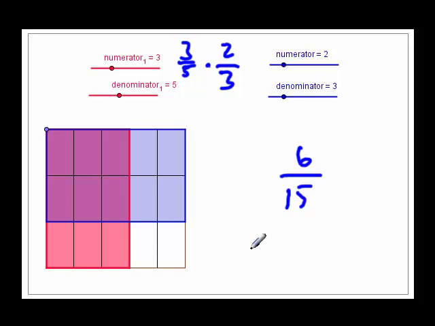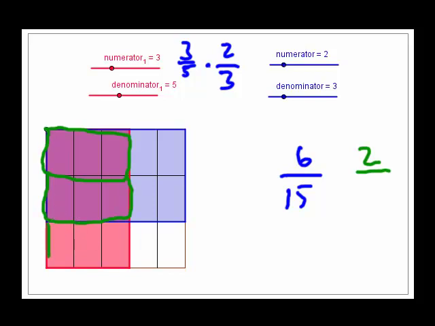6/15. Can this be simplified? Yes, it can be simplified. We can break this up into equal parts. Here is 1 equal part of 3 squares, another equal part of 3 squares. So 1, 2.